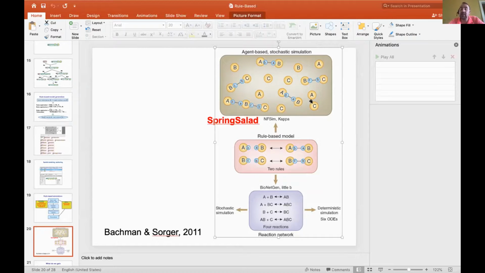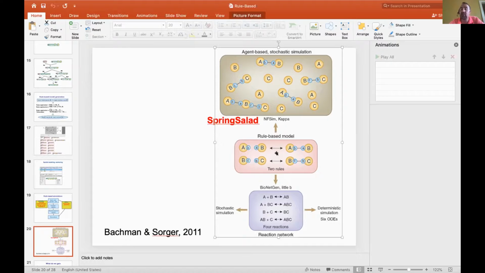So this is a regular stochastic process that was discussed again yesterday, which means that you have those agents and you choose, based on the propensities of reaction rules, which reaction rule will fire first.